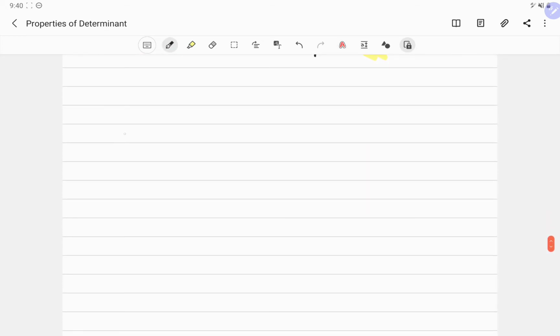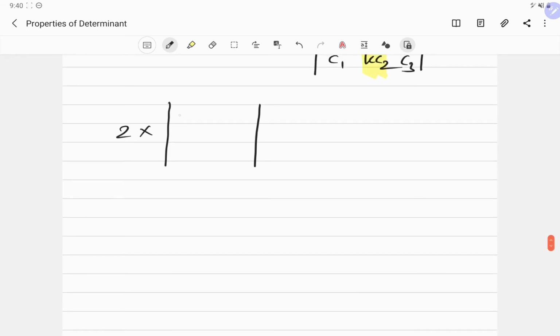Now let's understand this. You have to take a judgment on the basis of the requirement of the problem as to which particular row you want to select. So let's say this is the 2, and over here if you observe, this is x, y, z, p, q, r, and let's say a, b, c. Now friends, if you want to multiply this 2 to this particular determinant, then you have a choice.